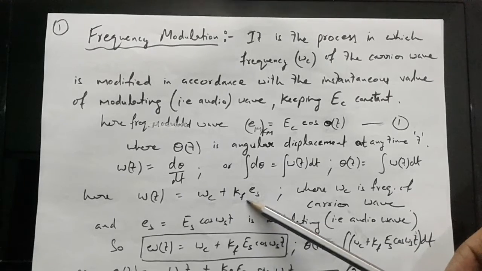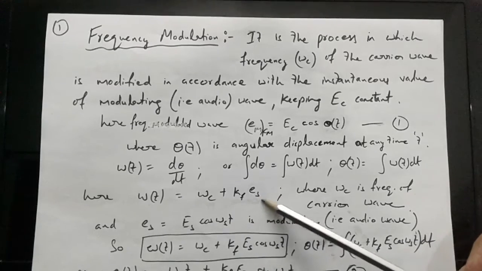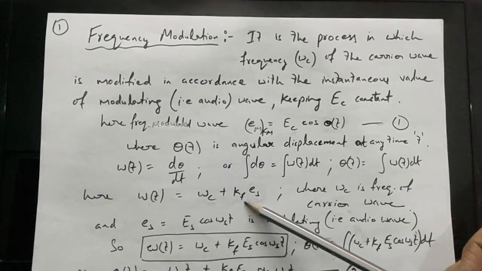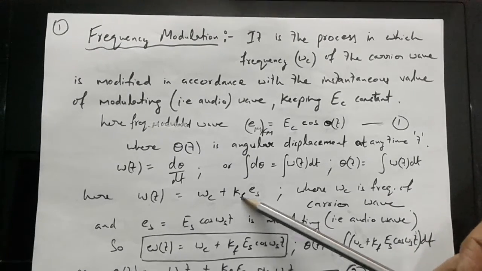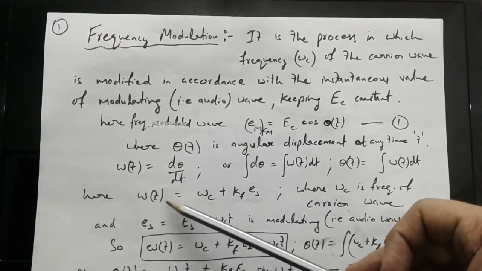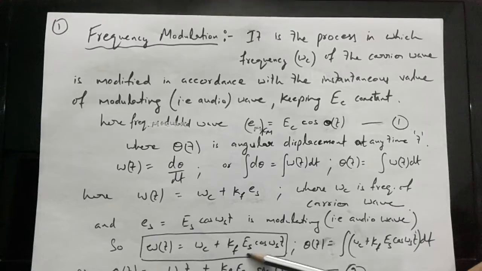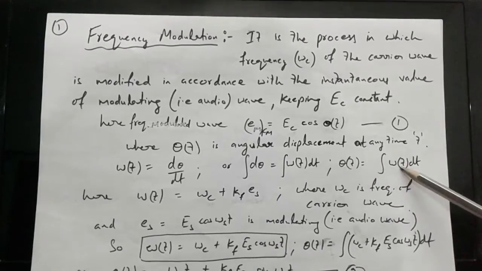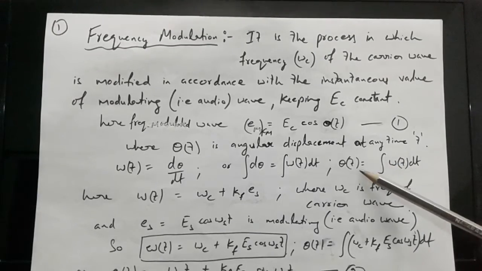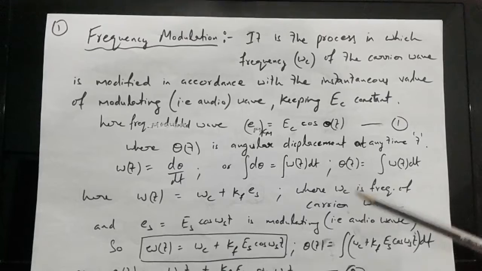When it gets modified according to the instantaneous value of the modulating signal, that is Es, where Kf is the proportionality constant, we get omega t. When we put this omega t in this given box, in this relation, from that relation we get the value of theta t.